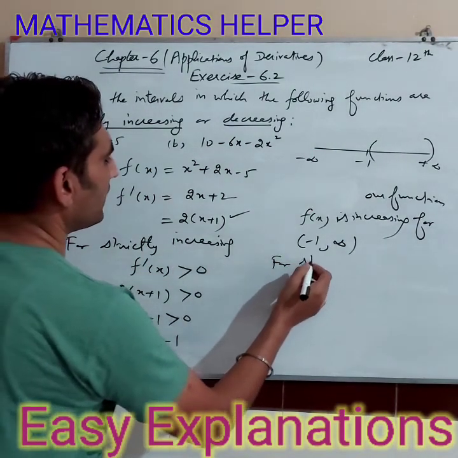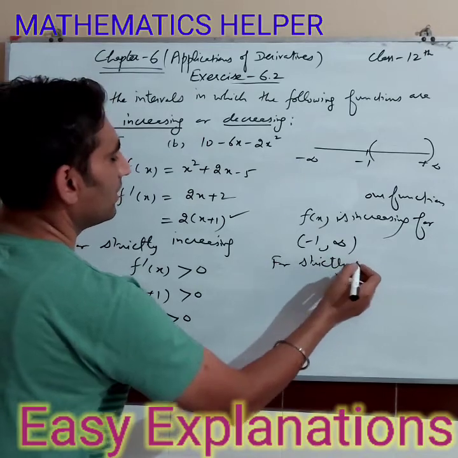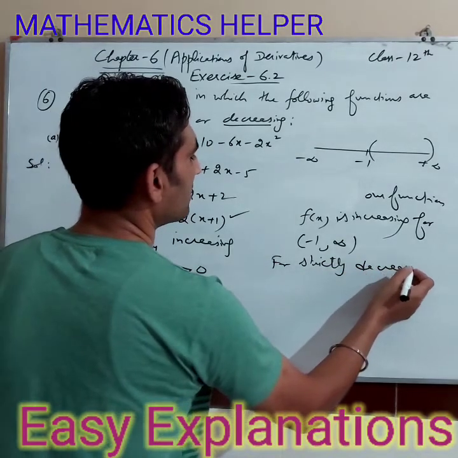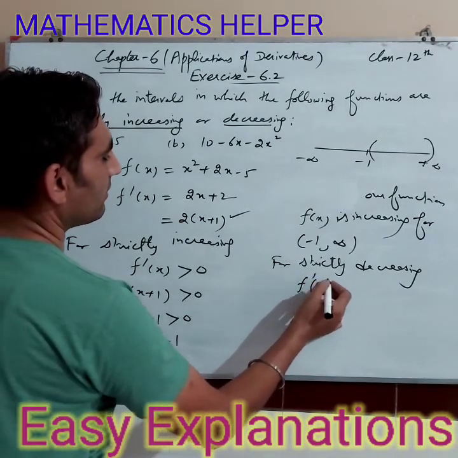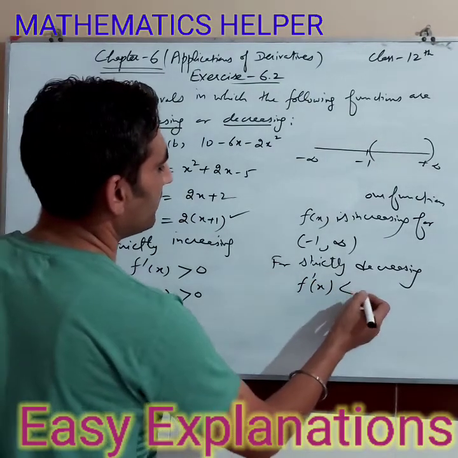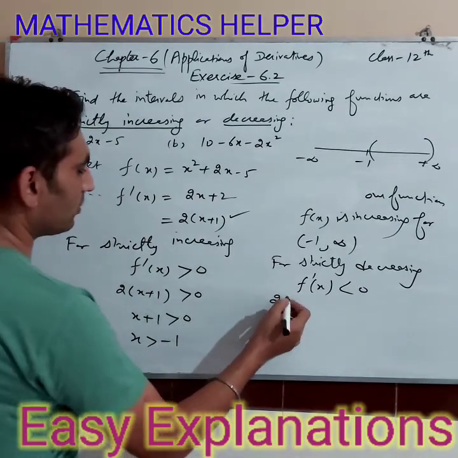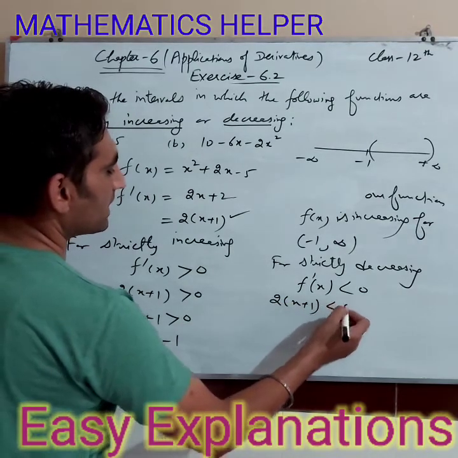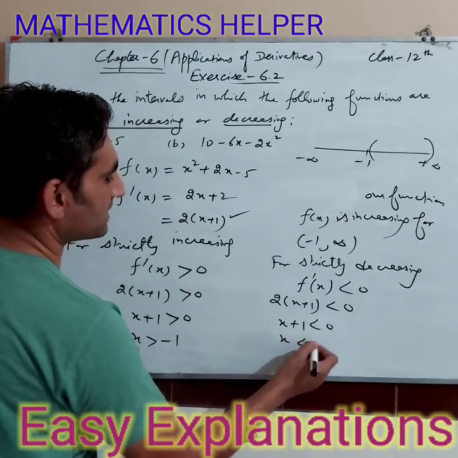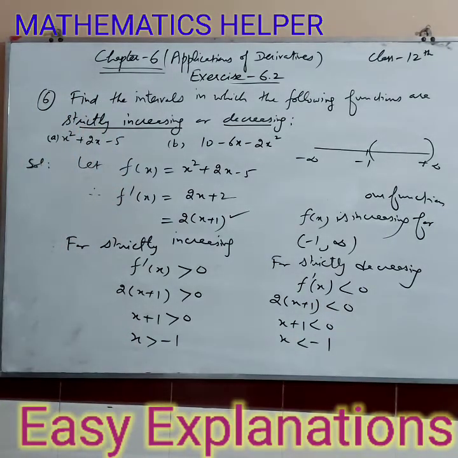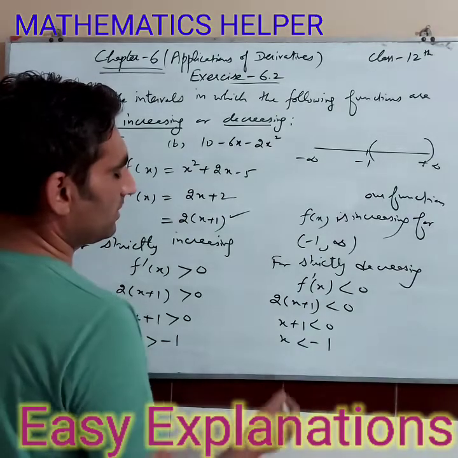For strictly decreasing, what is the result for strictly decreasing? For decreasing f(x), the derivative f dash x should be less than 0, or 2 into x plus 1 should be less than 0, or we can say x plus 1 less than 0, or lastly x less than minus 1. And what is the interval then?